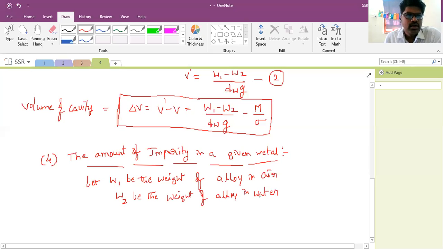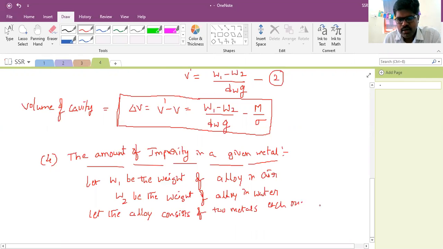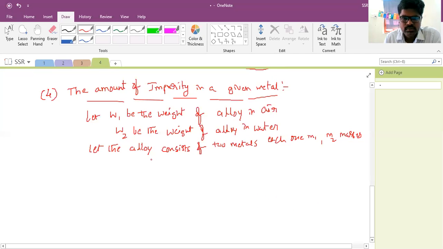Now let the alloy consist of two metals, each with masses m1 and m2. Then the total mass of the alloy, m, is equal to m1 plus m2.